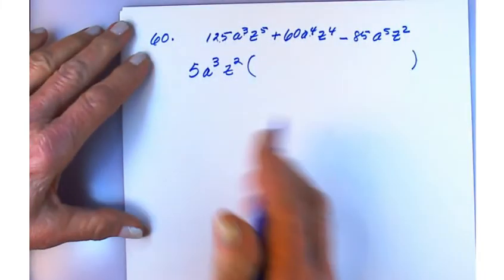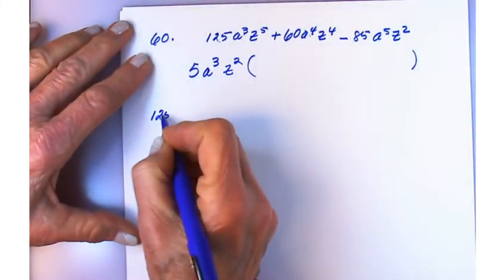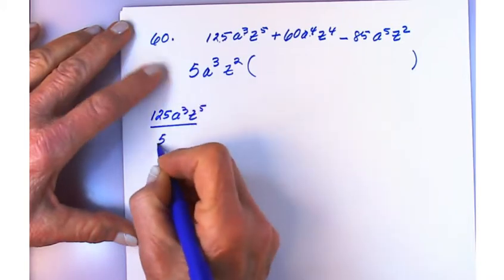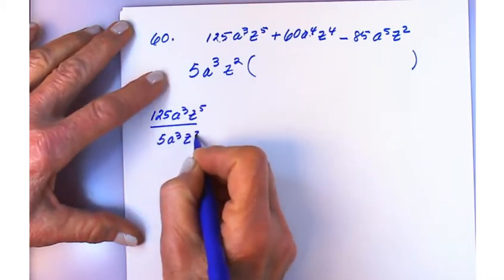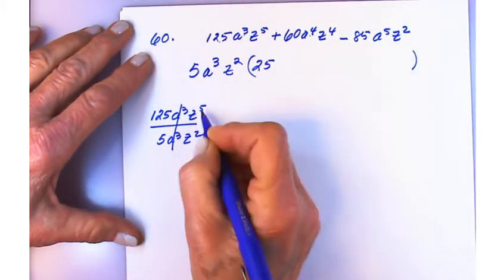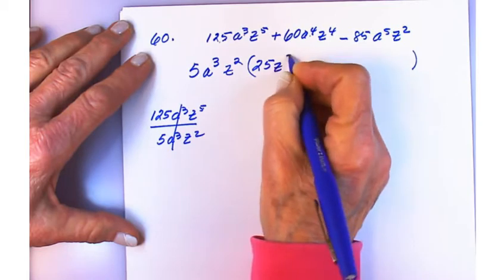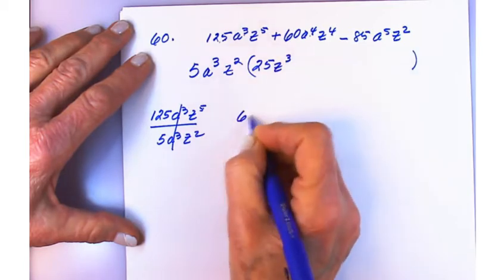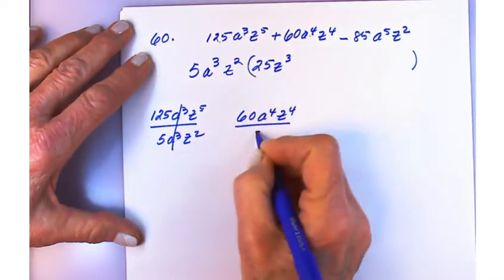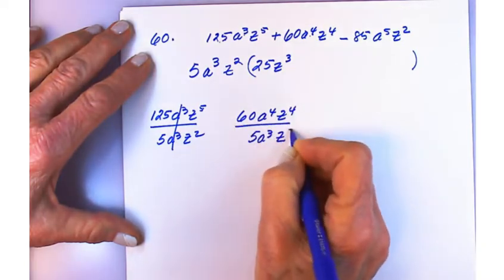So now what your job is, 125a cubed z to the 5 over 5a cubed z squared, and that's going to give me 25. 5 minus 2 is 3. And then I have 60a to the 4 z to the 4 over 5a cubed z squared.